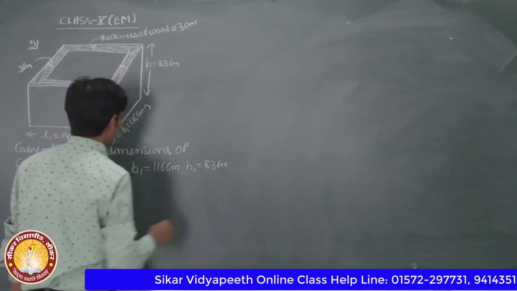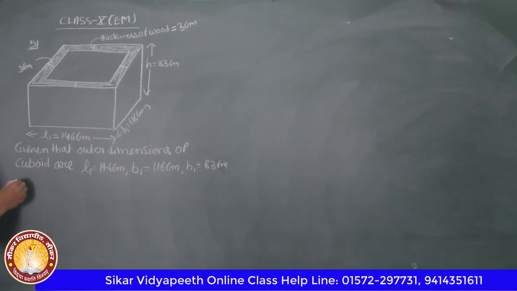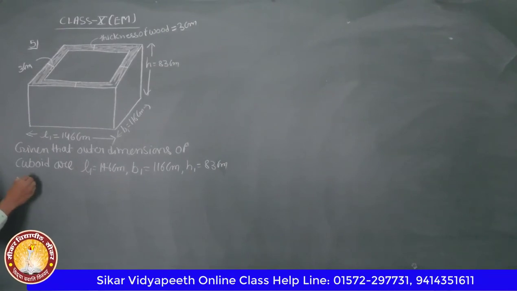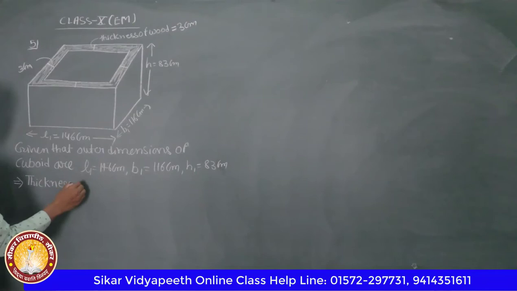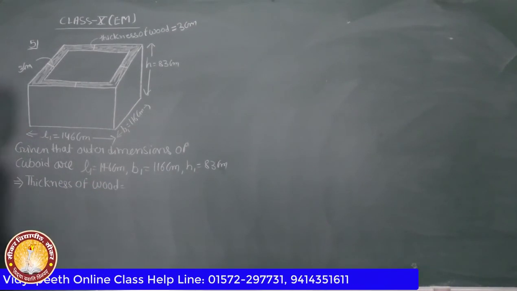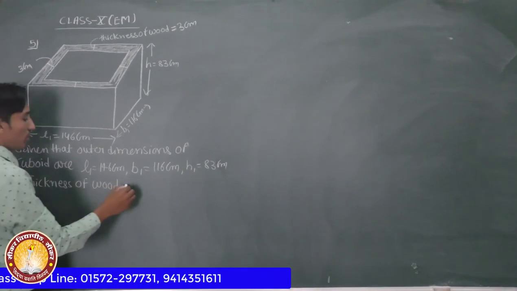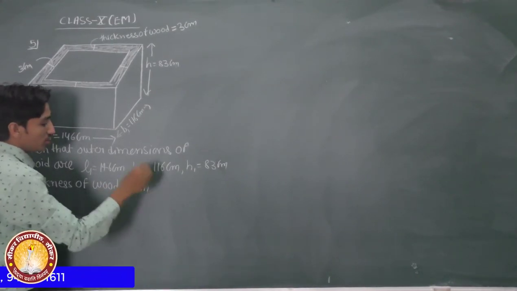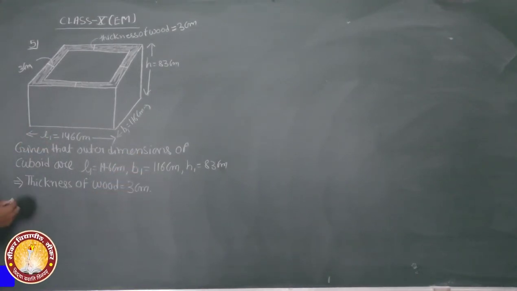Next, thickness of wood is equal to 3 centimeter.